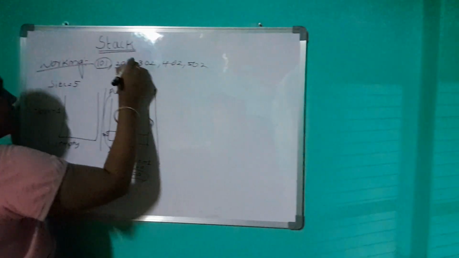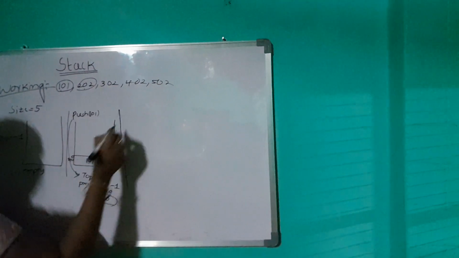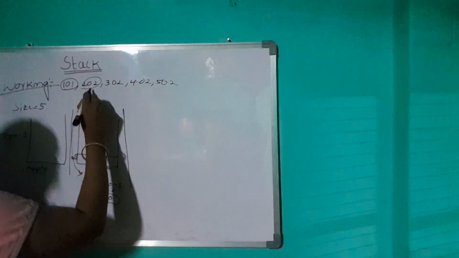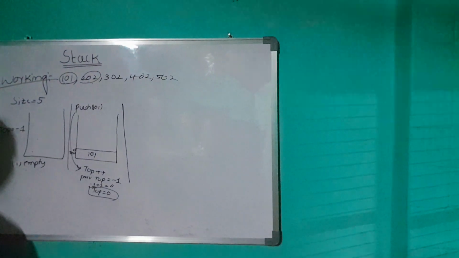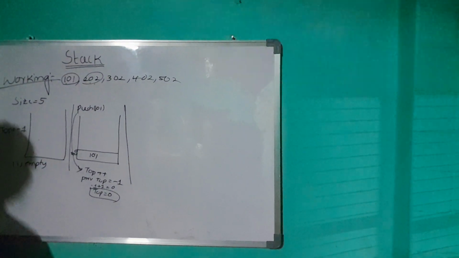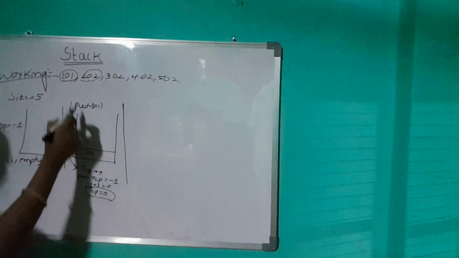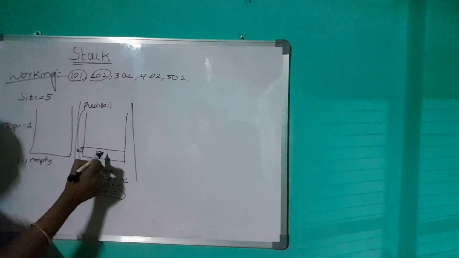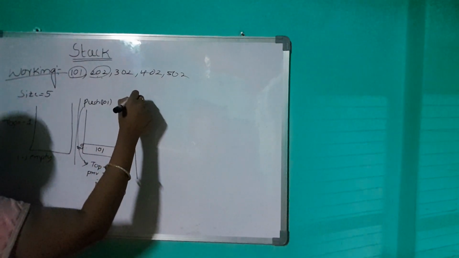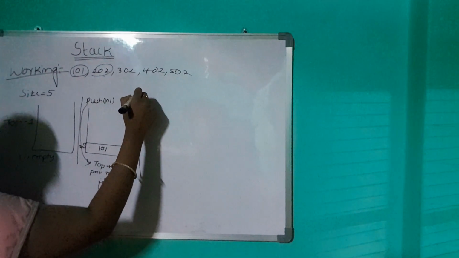We have to insert 202 into the stack. First, before inserting, we have to check whether the stack is empty or full. Here the stack is empty. That's why we have inserted 101 into the stack. Now we have to check whether the stack is empty.